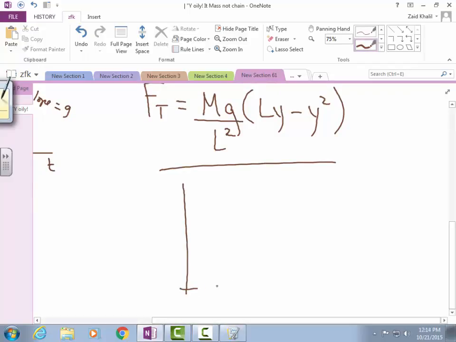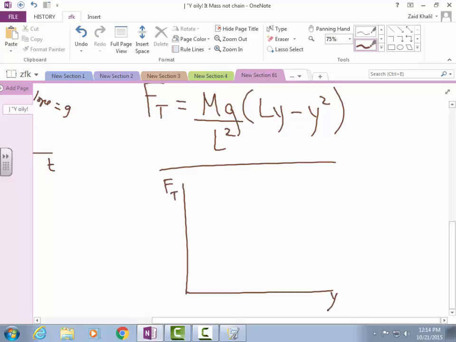So, graph that. What is that going to look like? Ft versus y. At y equals 0, what is that going to be? 0, right? At y equals L, what is that going to be? 0, right?